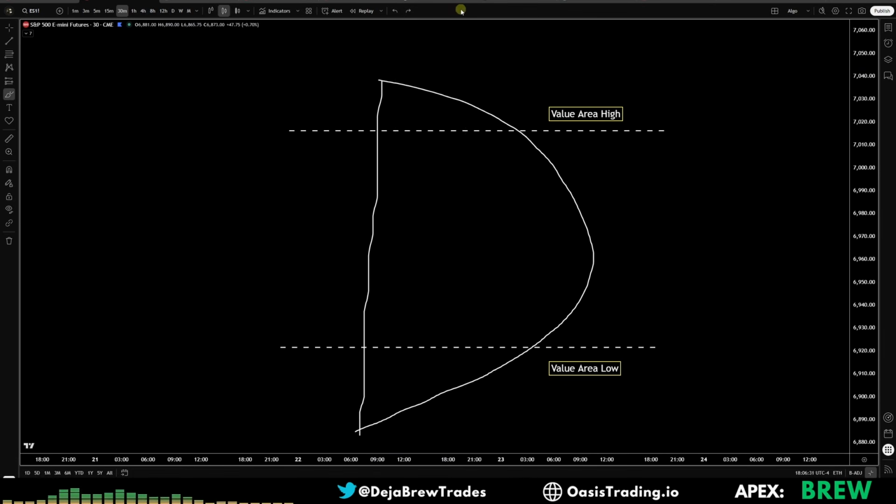Where do we want to put our stop loss? Our stop loss, if possible, we want to put above the high of day, obviously for a short, or below the low of day. So above the upper tail or below the lower tail, if possible. What do I mean by if possible?